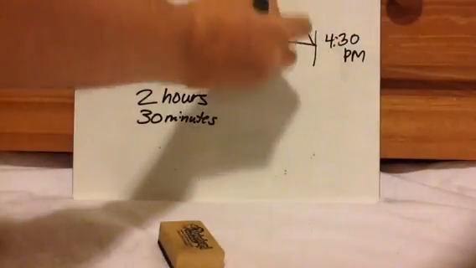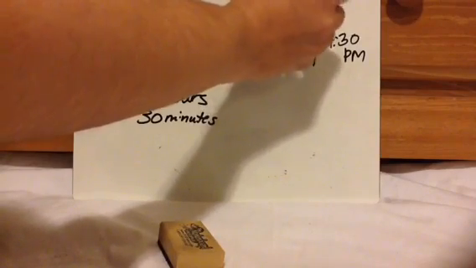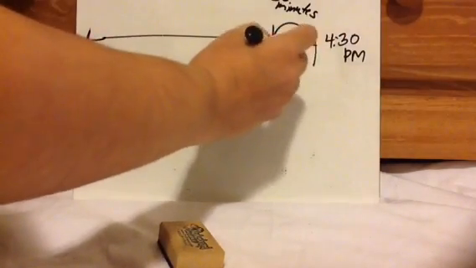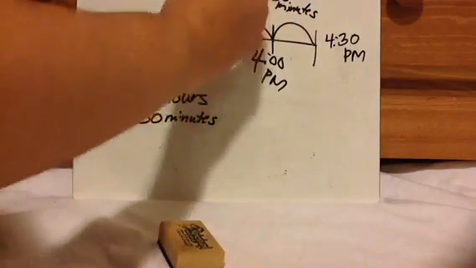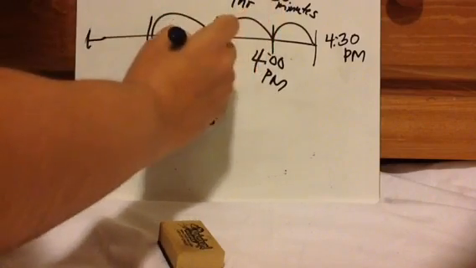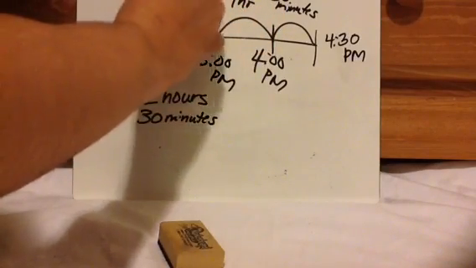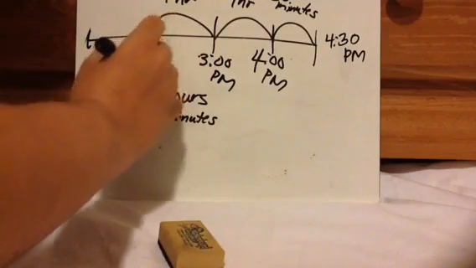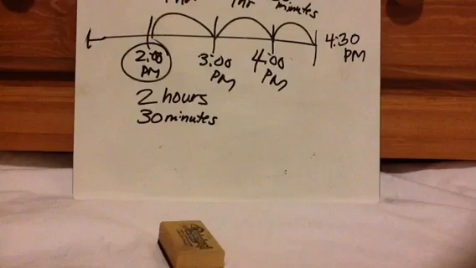So if I went back 30 minutes, it's going to be 4 o'clock. Then go back 2 hours. So 4 o'clock back 1 hour is 3 o'clock. And then back another hour is 2 o'clock. So then my start time would be 2 o'clock.